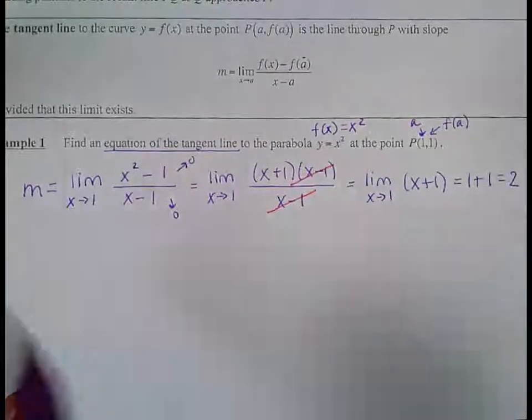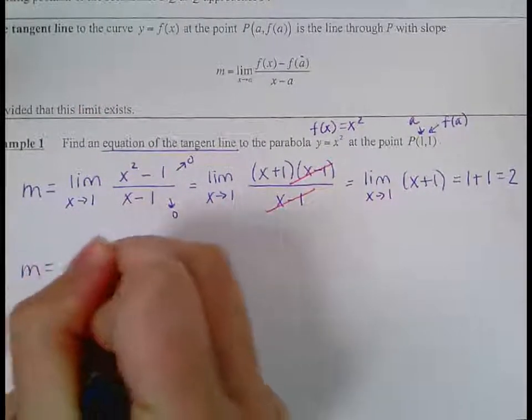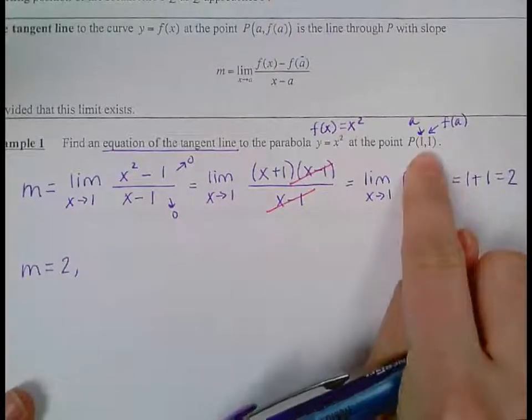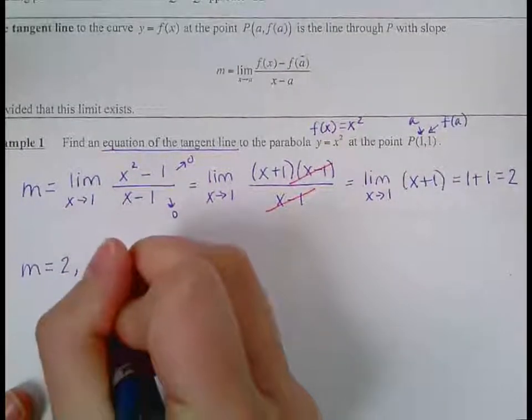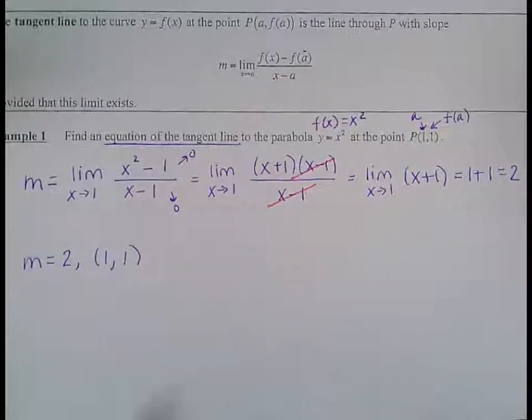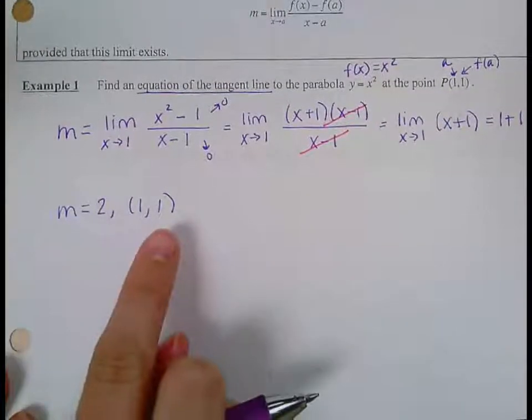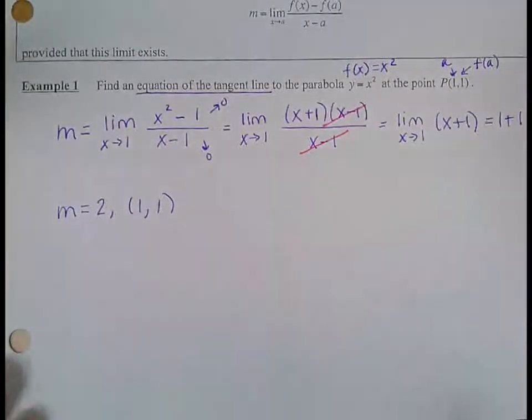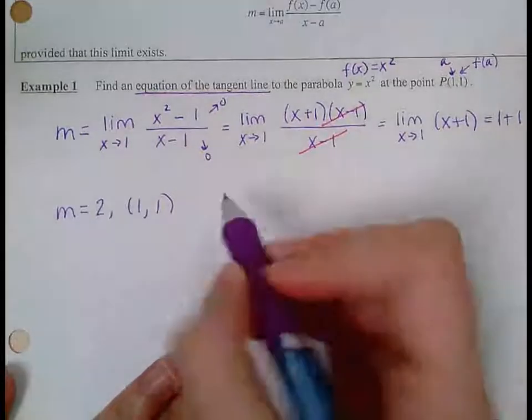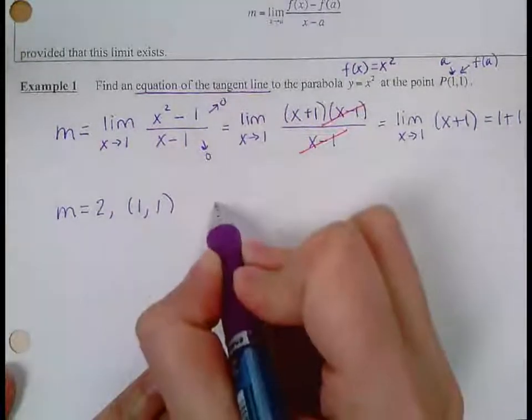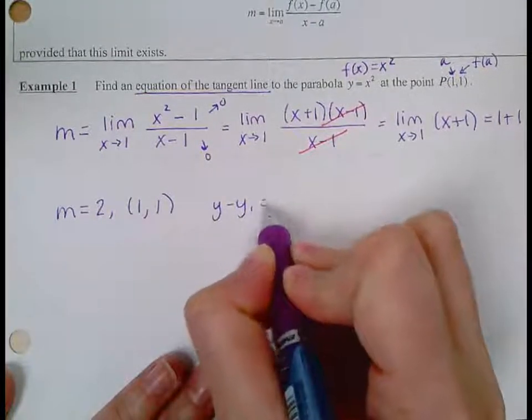So we have our slope. Now to write the equation, if my slope is 2 and my line goes through P, which has the coordinates 1, 1, now you're using algebra to write the equation of this line. I typically will substitute my slope and point into the point-slope form.